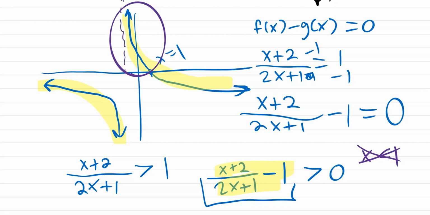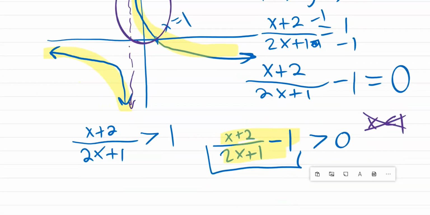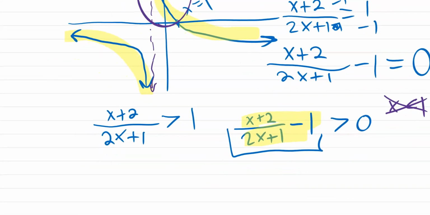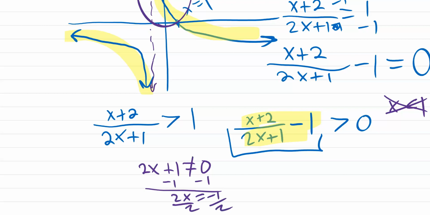Well, this point where it stops is called the vertical asymptote. So we have to find the vertical asymptote to this graph, which is not hard. The vertical asymptote's easy. We take the denominator and say, what makes it 0? Minus 1, 2x equals negative 1. So how about negative 1/2?